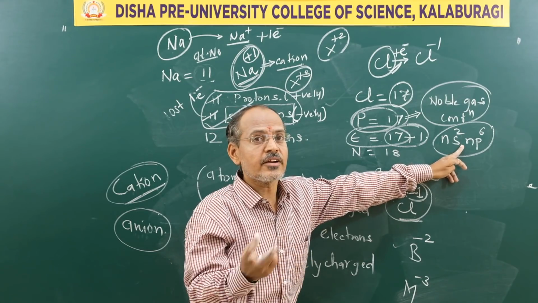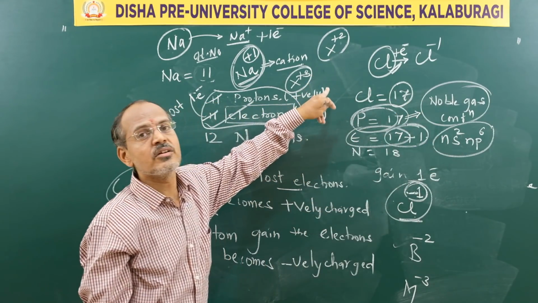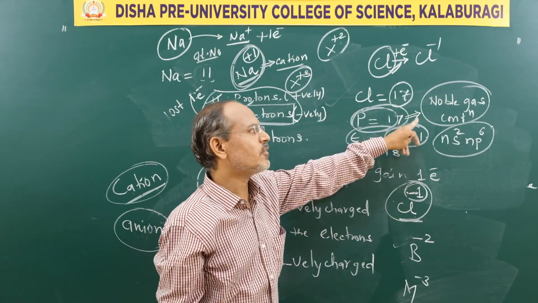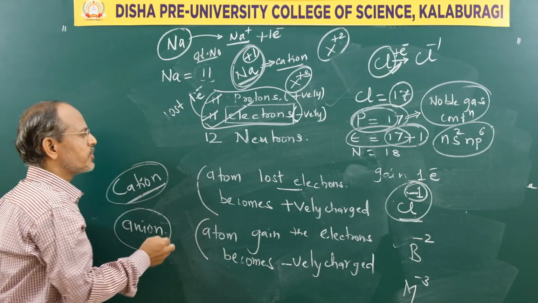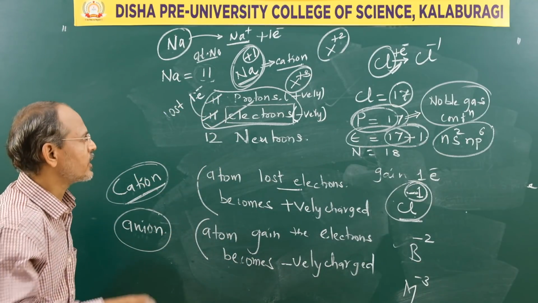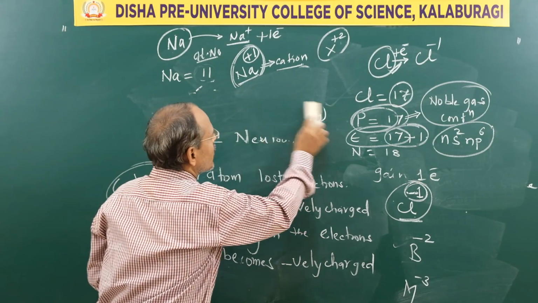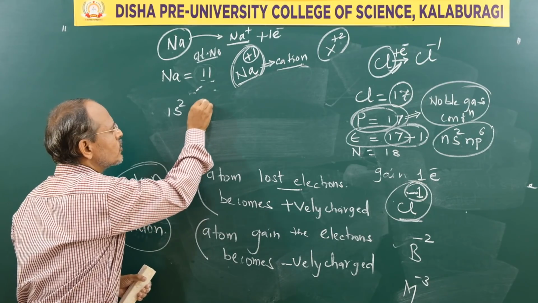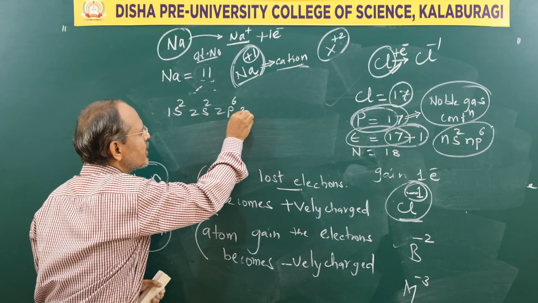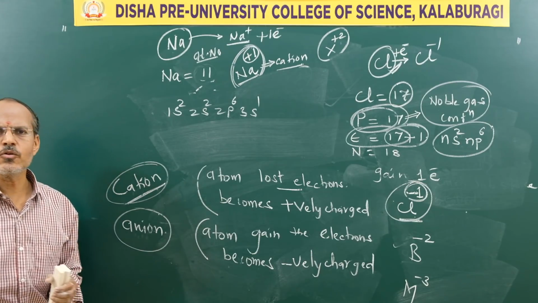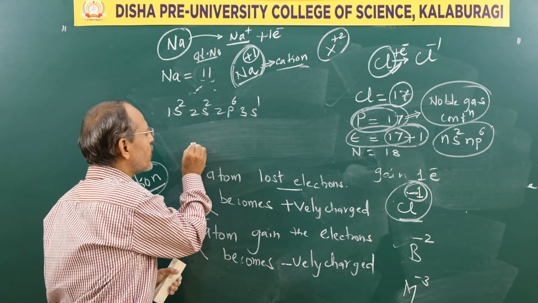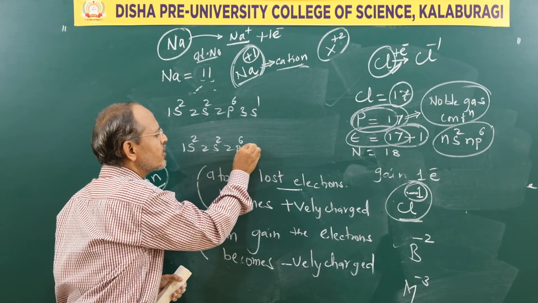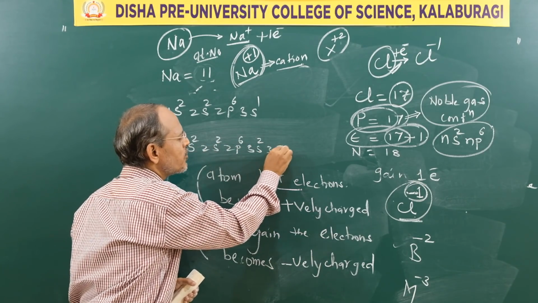That's why either they accept the electron or they give up their electron. For example, from the sodium point of view, look here: 1s2, 2s2, 2p6, 3s1. From the chlorine point of view: 1s2, 2s2, 2p6, 3s2, 3p5.